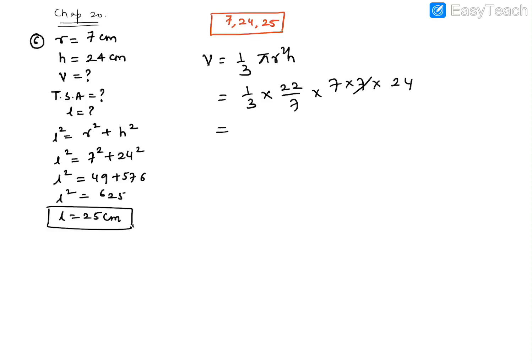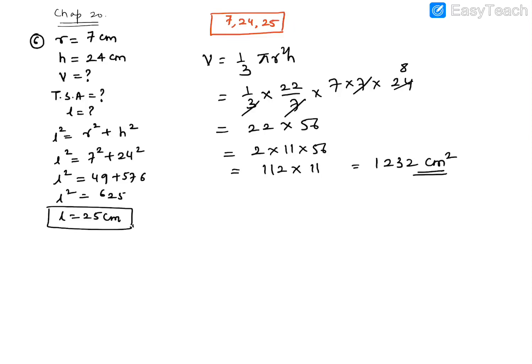So cancel 7, 7. 3 eights are 24, so it will be 22 into 56. So that will be 2 into 11 into 56. So 112 into 11. So that's 1232 centimeter cubed. That's the answer.